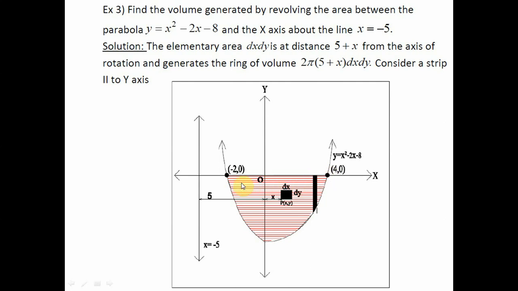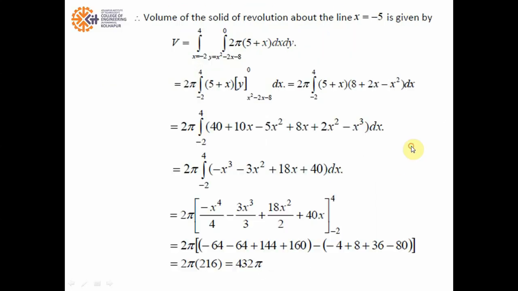So when we move this strip from this point to this point, the value of x varies from -2 to 4, and therefore we get the volume of the solid of revolution about the line x is equal to -5 as V is equal to the double integration, x is equal to -2 to 4, y is equal to x square minus 2x minus 8 to 0, 2 pi (5 plus x) dx dy.